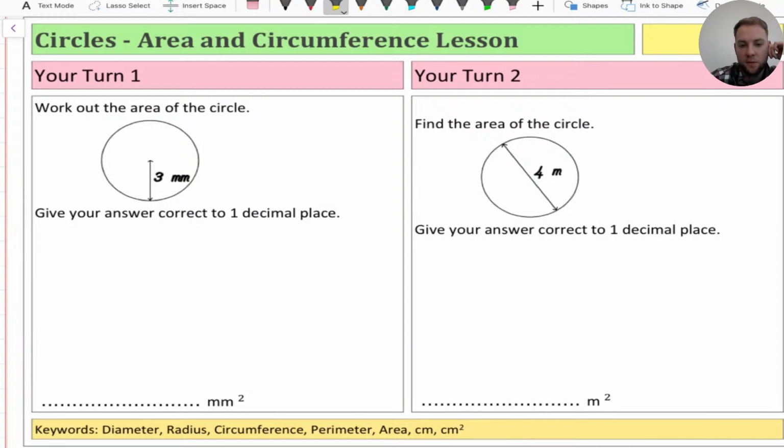You should be able to fly through these. If you've got the answers, you can pop them in there.